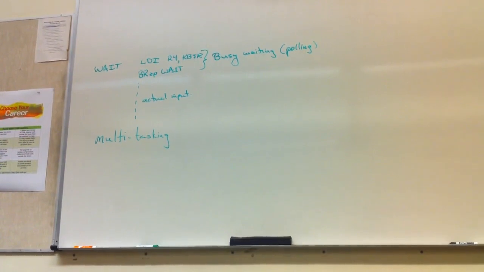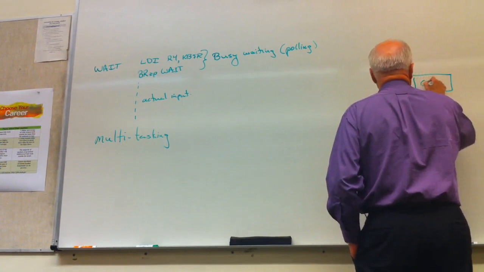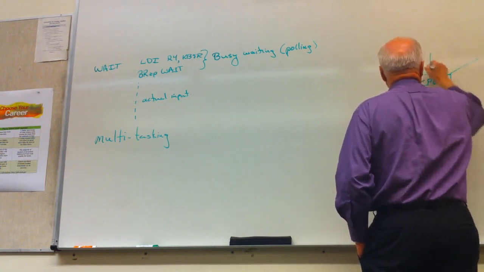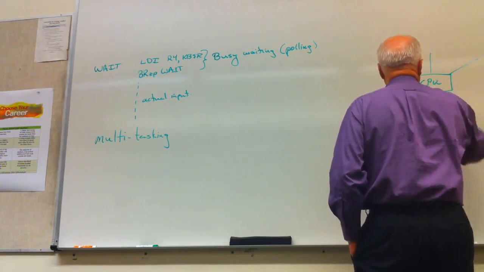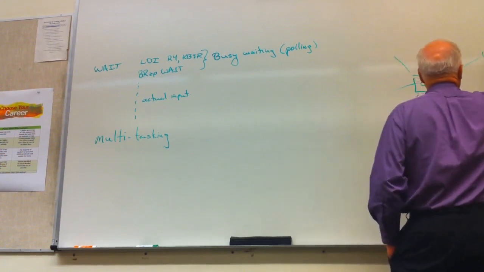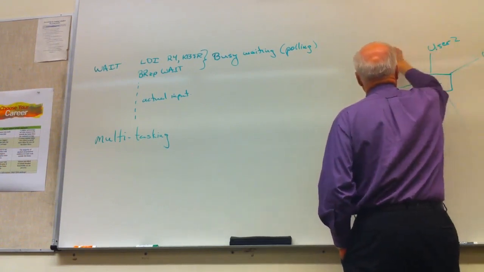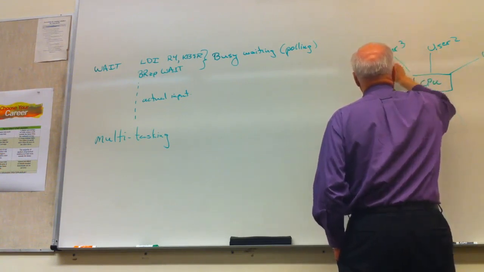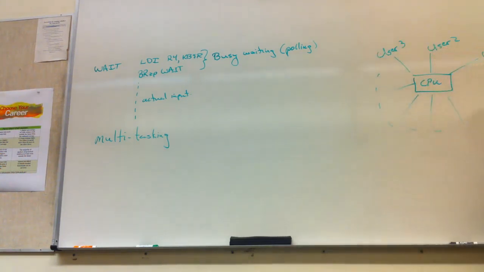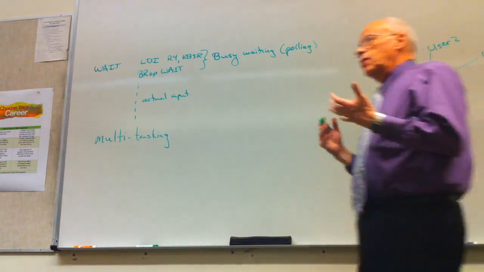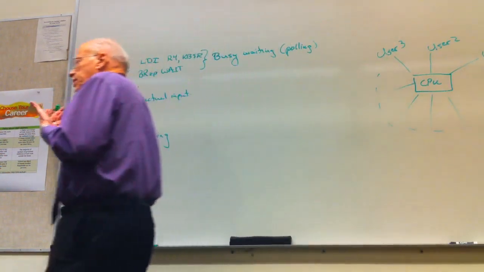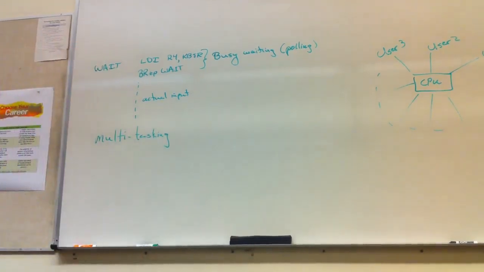But think of this situation where you've got a processor here, and you've got a whole bunch of users out here, and so on, all of which are basically using the same CPU.